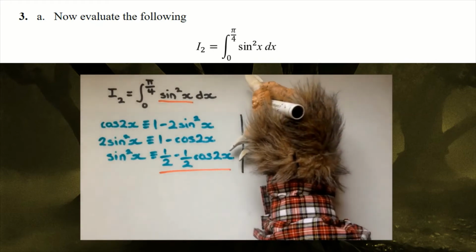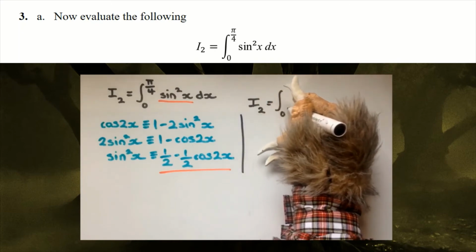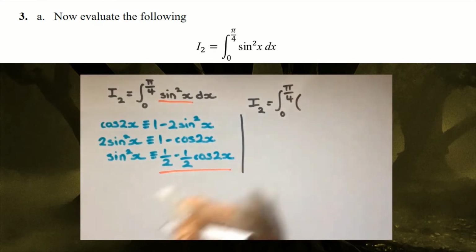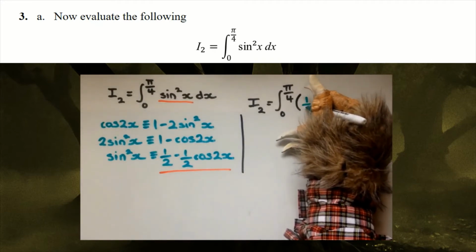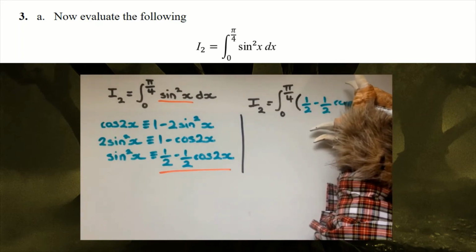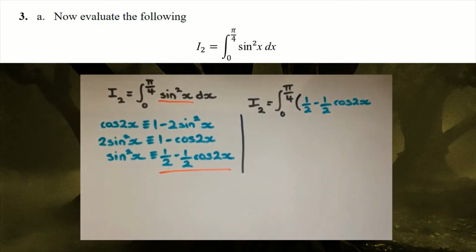So I2 is going to equal the integral from 0 to pi over 4. Open a bracket, and I'm going to replace the sine squared with what I've just derived. You'll have done this several times by now with all the integration you've done. Cos 2x. And let's just close that. Dx.